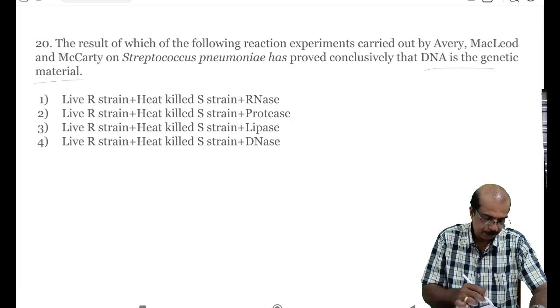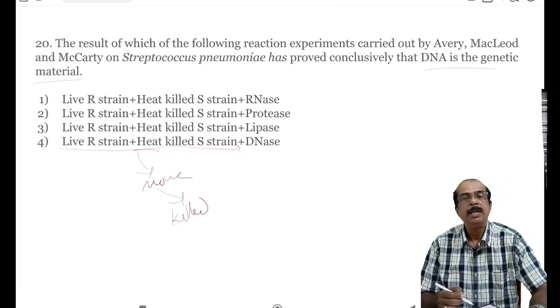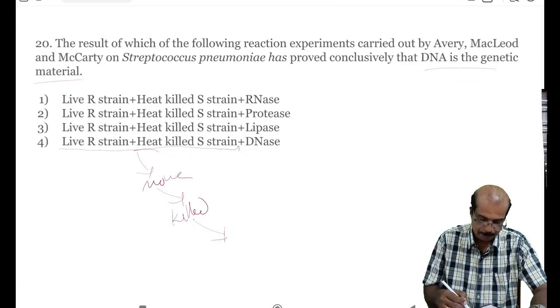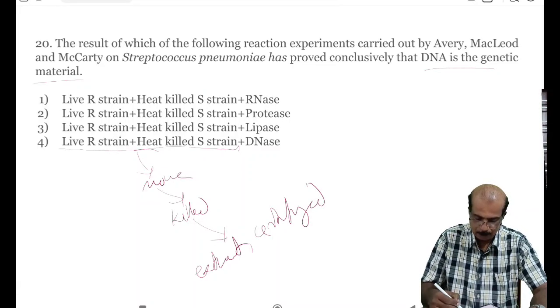Frederick Griffith injected live R strain with heat killed strain into a mouse, and the mouse was affected with pneumonia and killed. Then he collected the extract from such a mouse and centrifuged it. During centrifugation, they got a supernatant.